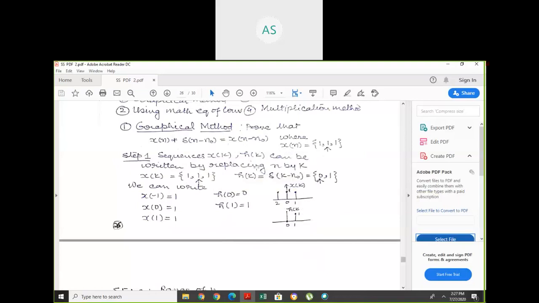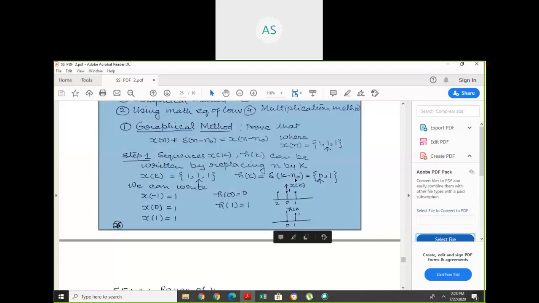The sequence x of k can be written by replacing n by k. As in continuous signals, x of t is replaced by x of tau, in discrete time signals x of n is replaced by x of k. x of k is represented by 1, 1, 1. Similarly, h of k is represented by delta of k minus n naught.